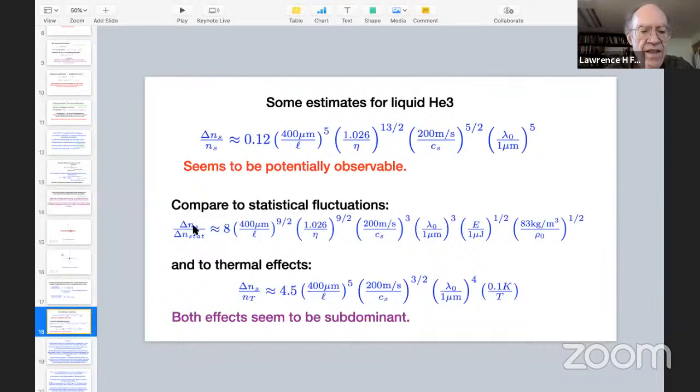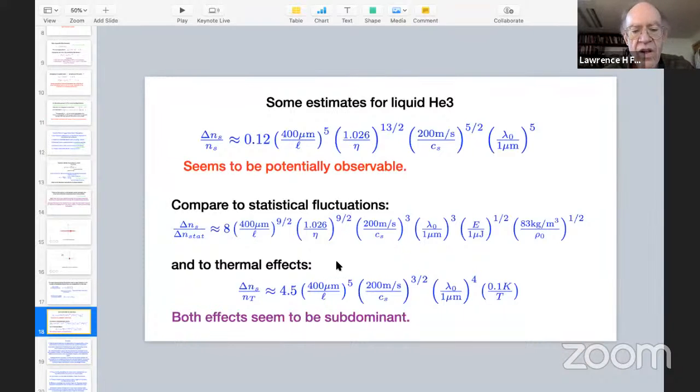So to compare the delta NS with statistical fluctuations with the same choice of parameters, you need to make sure that the energy of the wave packet is large enough so that the mean number of photons is large enough. About a microjoule at this wavelength is enough. If you use a microjoule, then the effect we're looking at is an order of magnitude larger than the statistical fluctuations, so you can tell them apart.